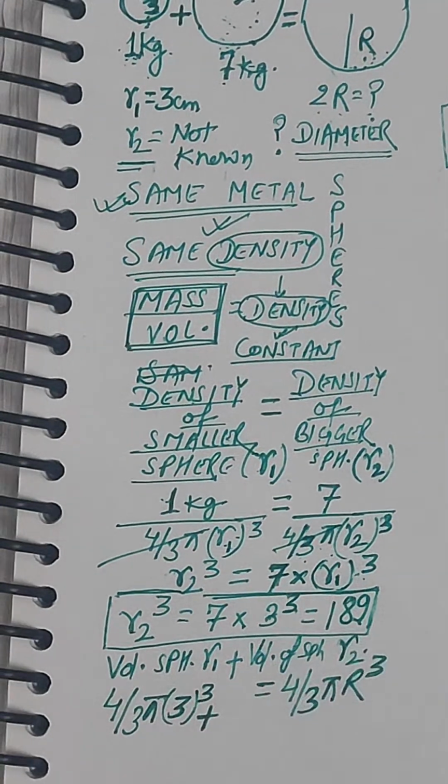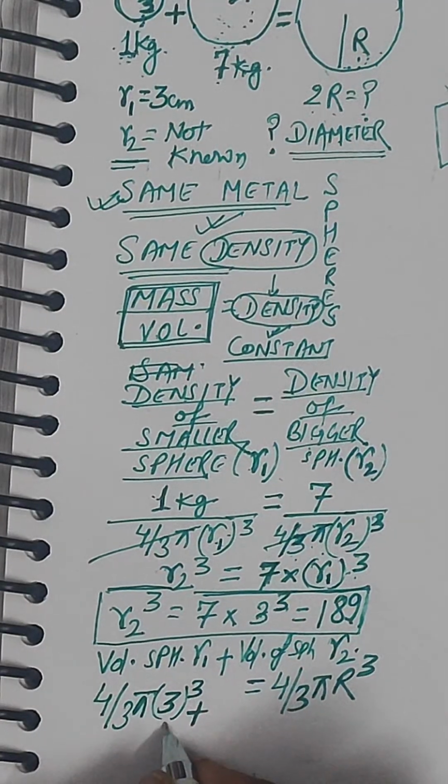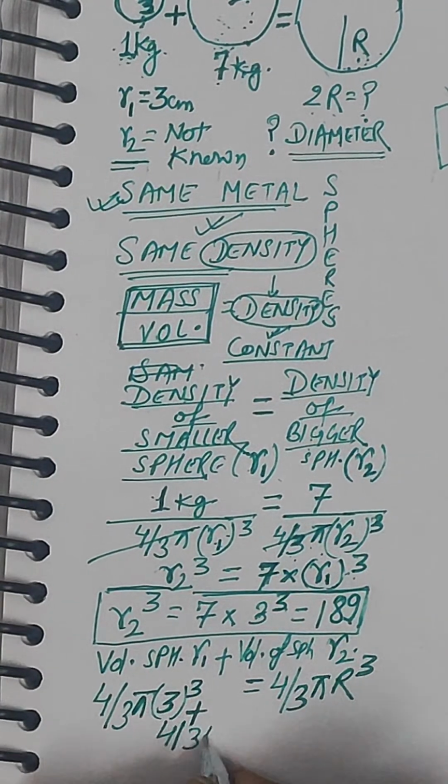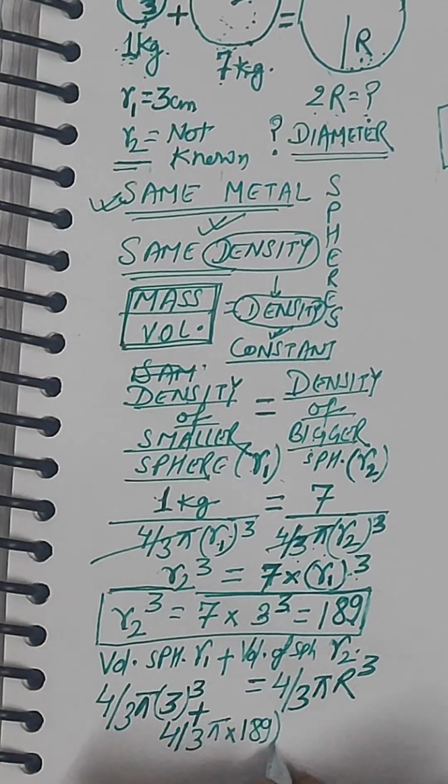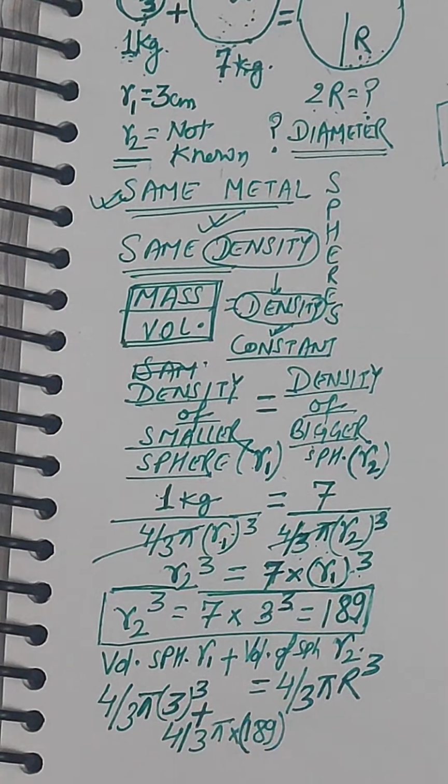R2³ is known to you, 189, so this will be 4/3 π into 189, directly putting in the value of R2³.